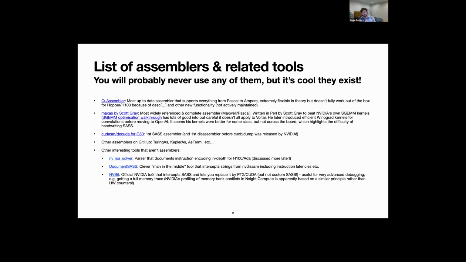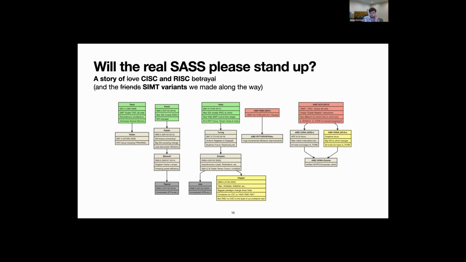But I know, as a matter of fact, that everything in Maxwell has changed quite a bit in Volta. And similarly, because no one's done that level of analysis since then, I have noticed some things which are just kind of subtly wrong. A few other interesting projects are NV Solver, which I'll go to afterwards again, Documented SASS, and NVBit. I think except for NV Solver, I won't really have the time to go into those today.